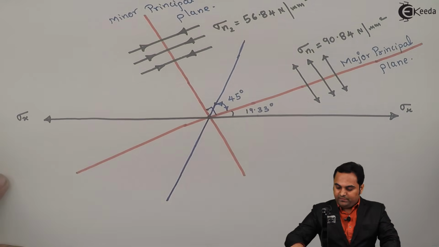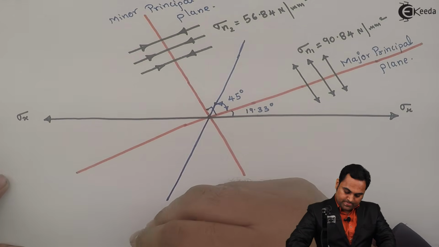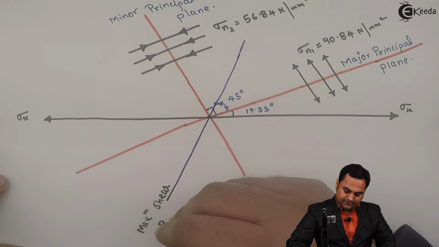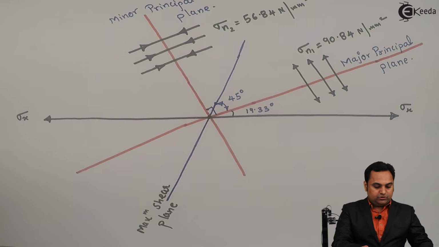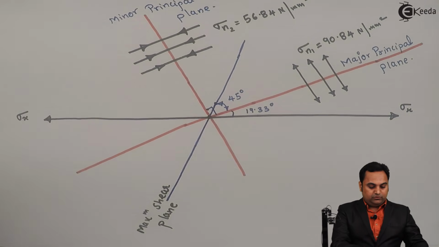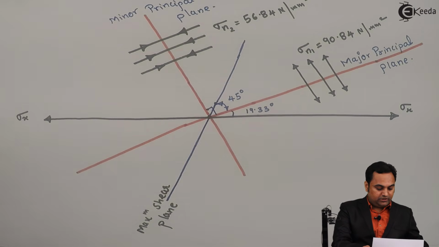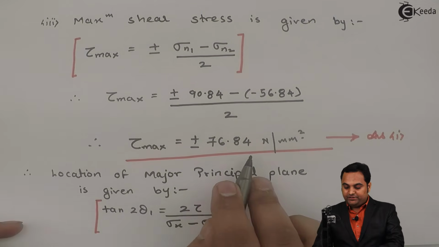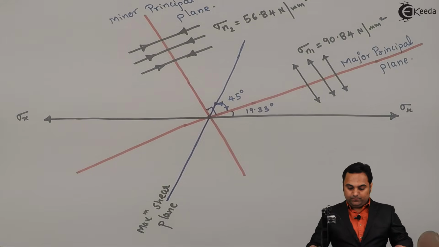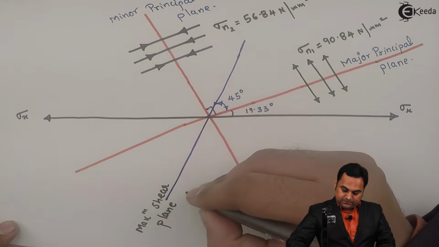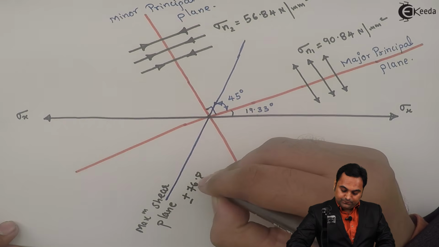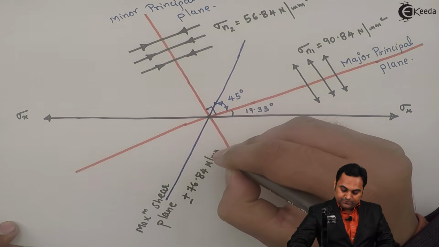It means this is the plane of maximum shear. So this is the maximum shear plane, and the stress value is the maximum shear stress. We have found out tau max, that tau max value was plus or minus 76.84 Newton per mm square.